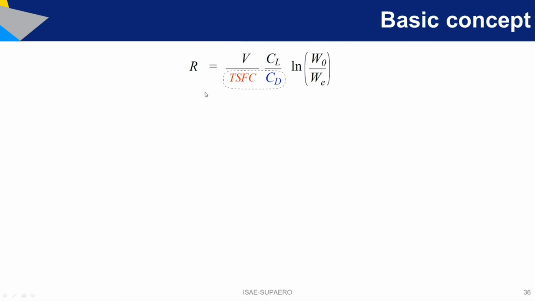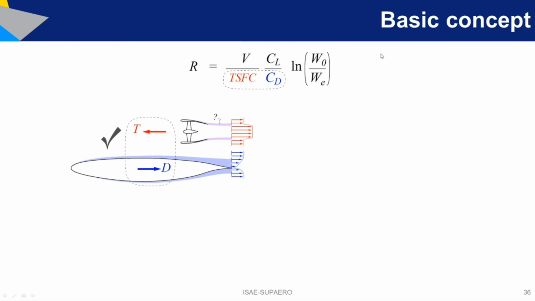We can clearly separate thrust from drag, simply because the stream tube that crosses the engine does not interact with the airframe. So thrust and drag are quantities that can be determined in a univocal fashion. There is no ambiguity in their definition. So you can apply this equation and do the design as we know how to do.